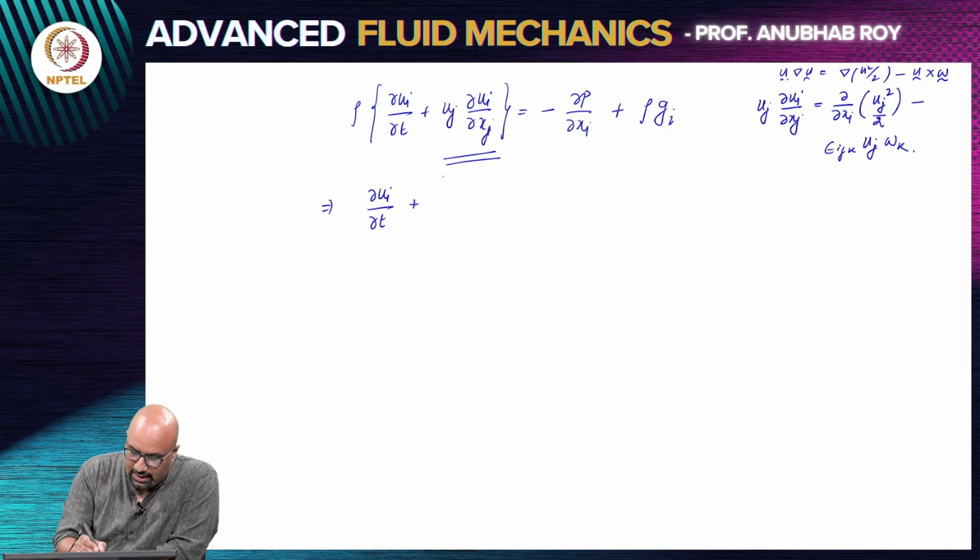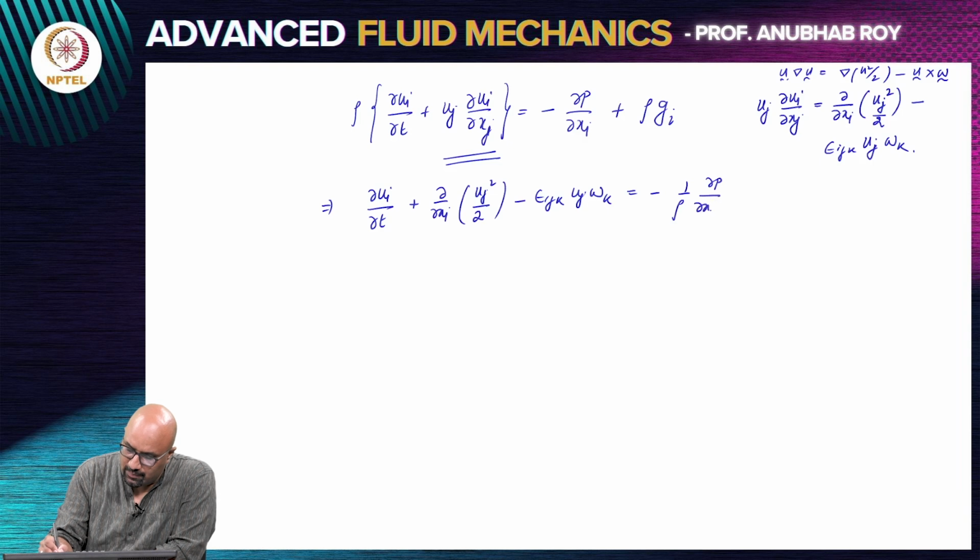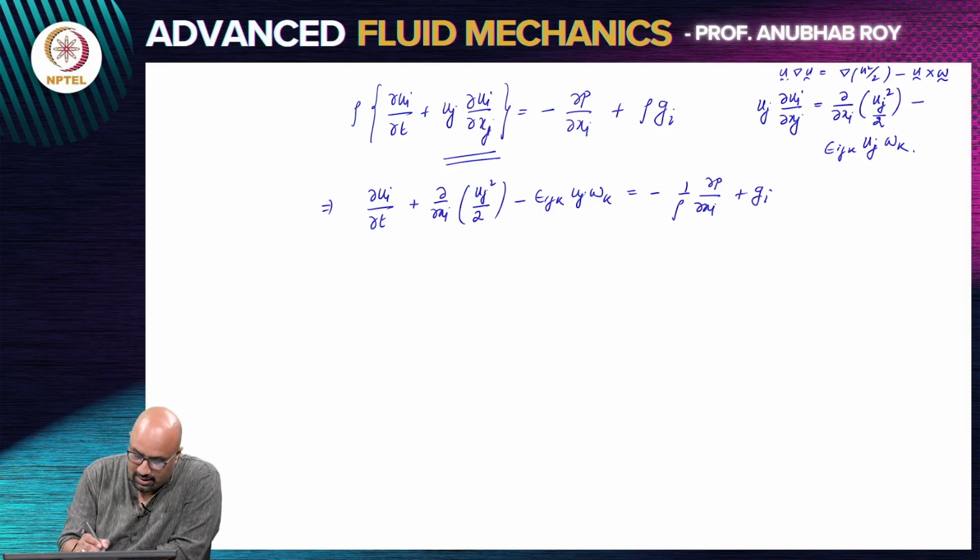So I can write that advective term now as ∂/∂x_i of u_j squared by 2 minus epsilon_ijk u_j omega_k, equal to minus 1 by rho ∂p/∂x_i plus g_i. This is just another way of writing my Euler's equation. Nothing has changed here in this form yet.